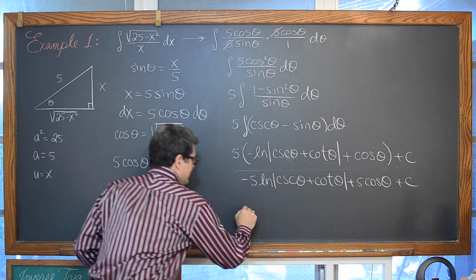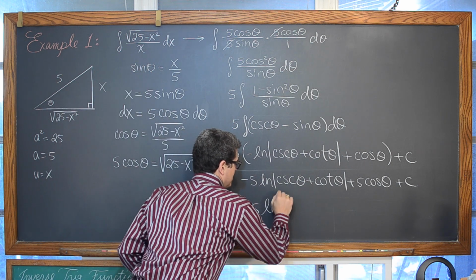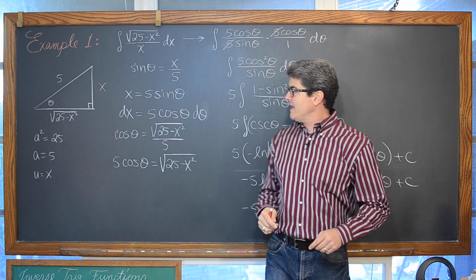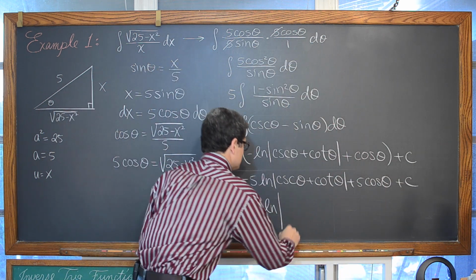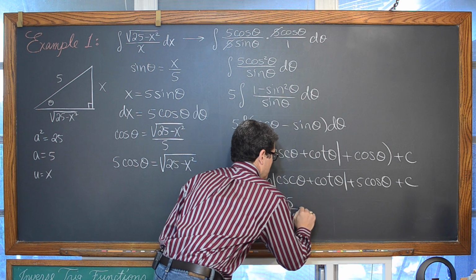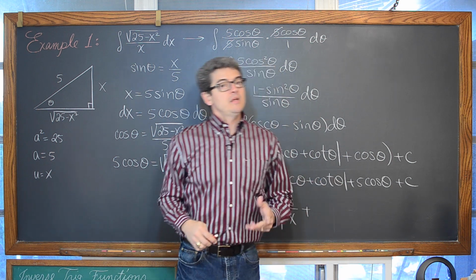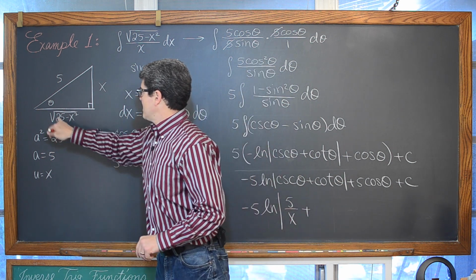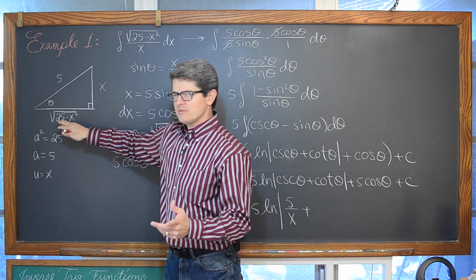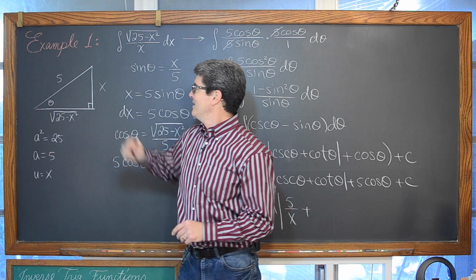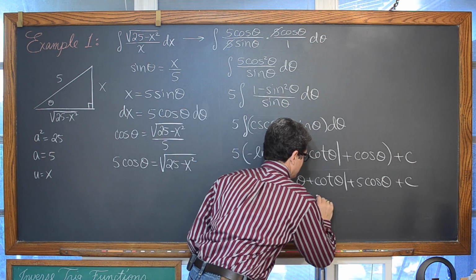We have negative 5 times the natural log of the cosecant of theta, cosecant being r over y, which is 5 over x, plus the cotangent of theta, being adjacent over opposite. The cotangent of theta is the square root, yes, of 25 minus x squared over x.